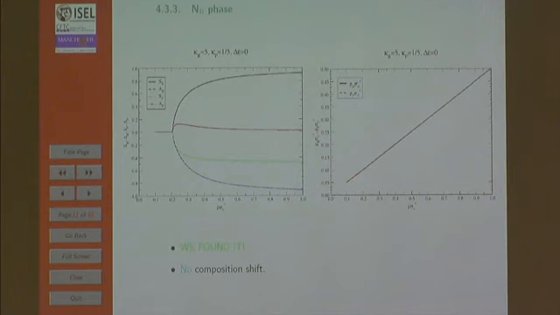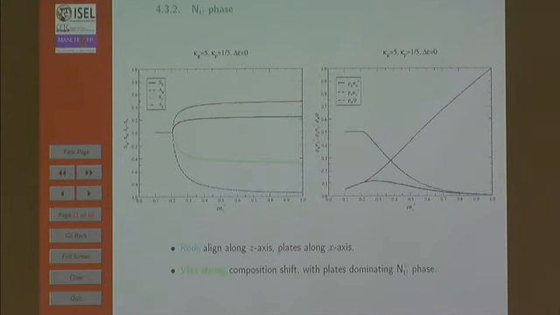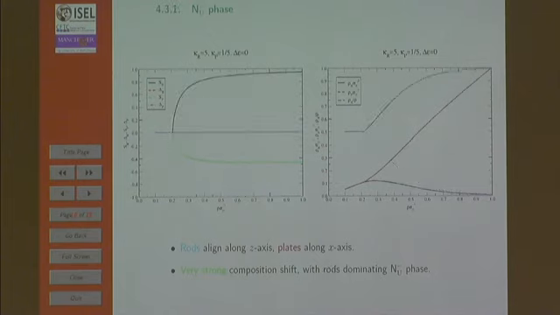If we had chosen the frame differently, then what you would see would be something like that. But now this would be the order parameter for rods, and this would be the order parameter for plates, and this would be the order parameter for rods.